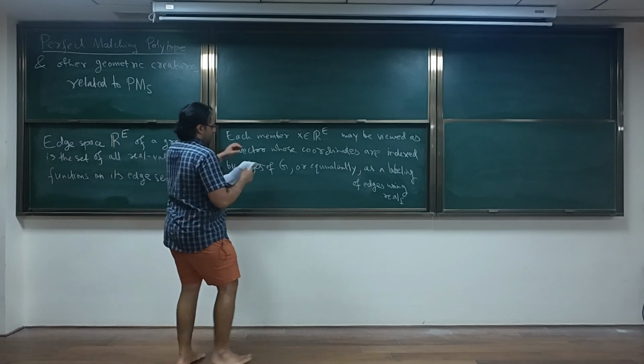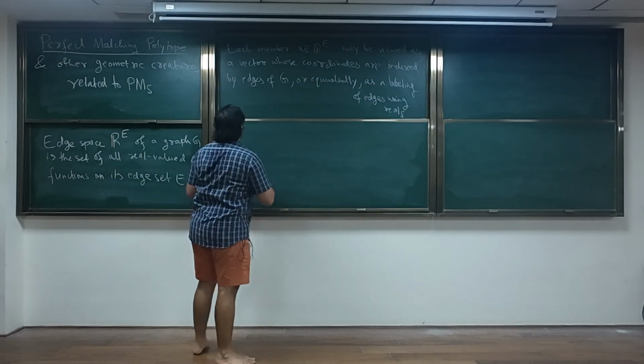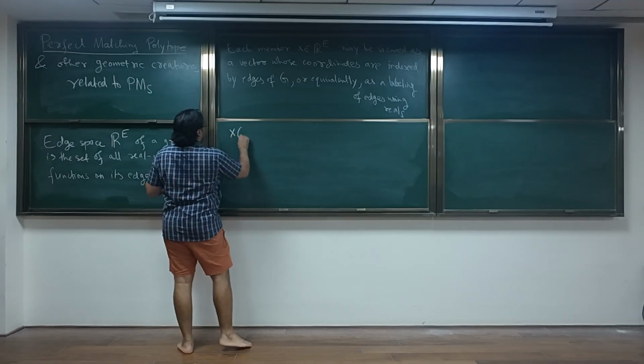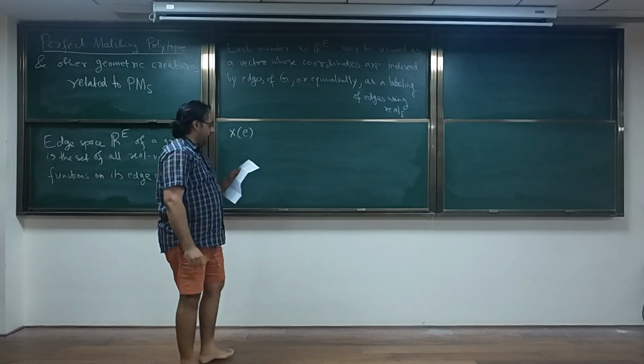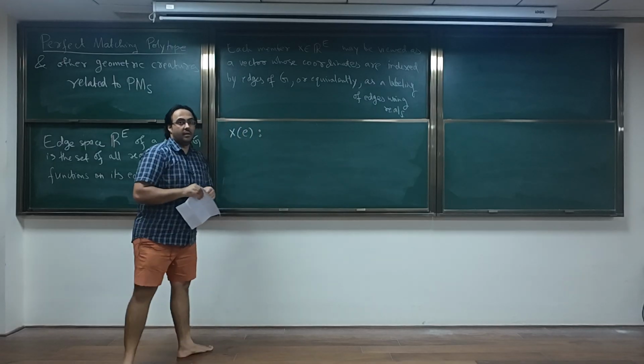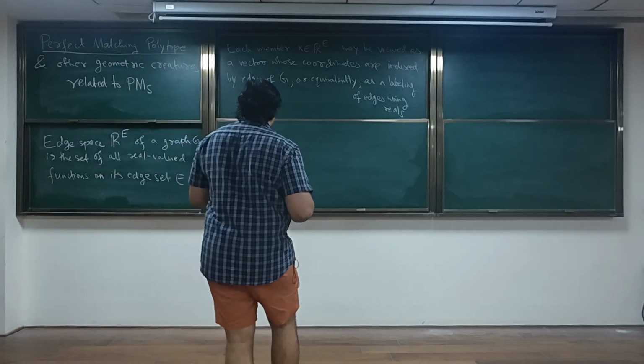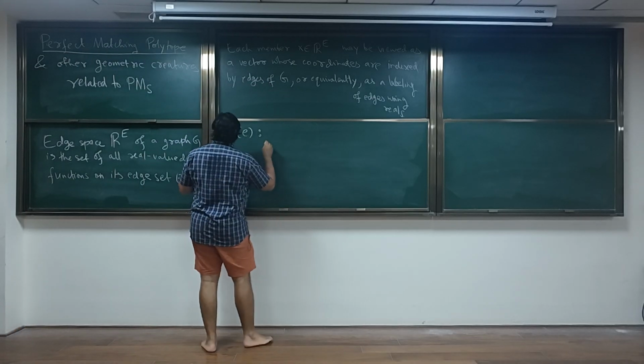All right. And some notation. We are going to have a bunch of notation. For a vector x in the edge space, x of e means the value of the coordinate indexed by that edge.